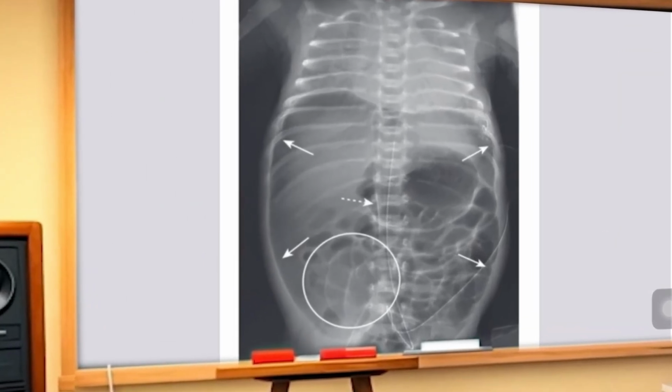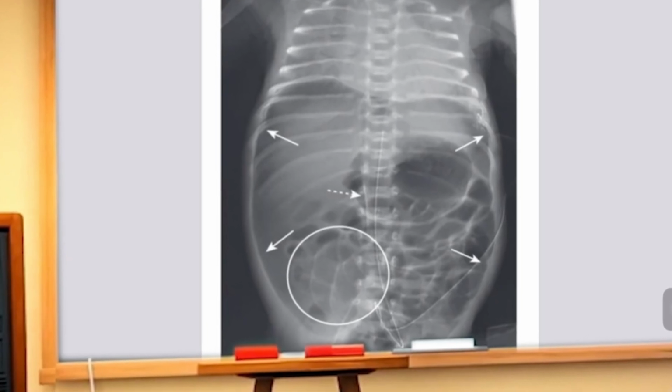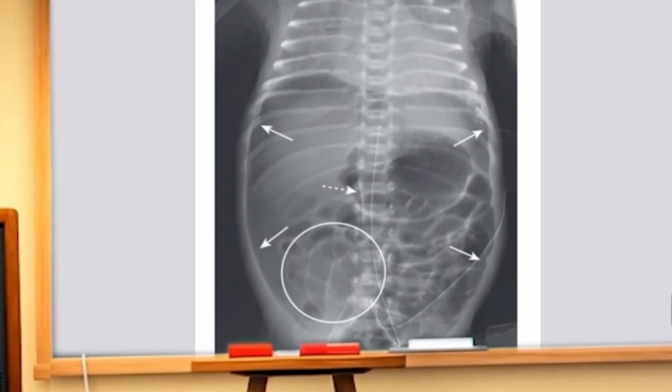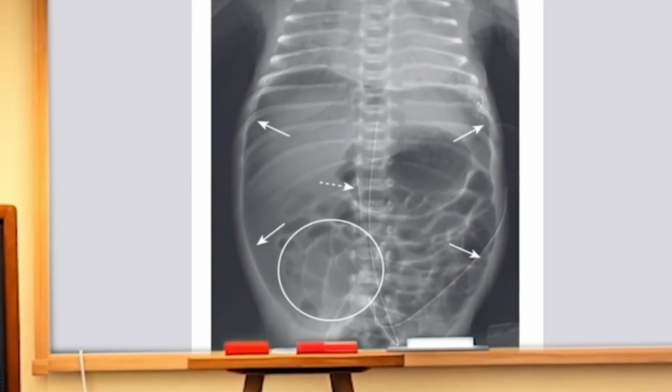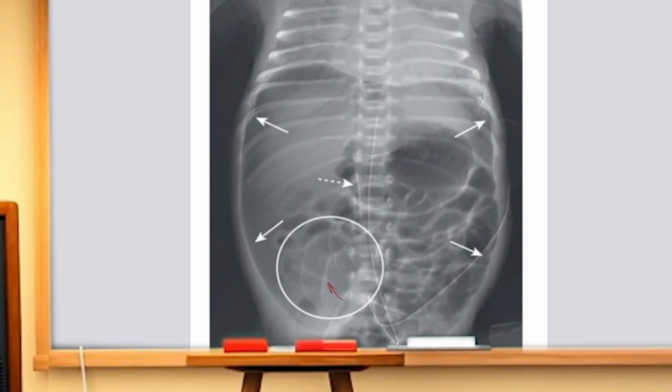You can see this football sign in this infant X-ray. You can see regular signs here shown with a circle around the area. You can see the falciform ligament here, and the football sign is this oval-shaped pattern.